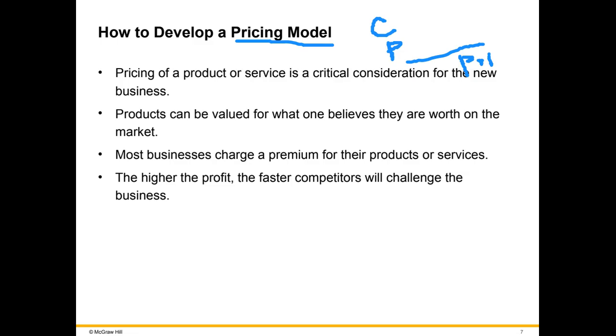So imagine you are making one pencil for say 1.2 real, and then the profit margin you are going to take on this is 0.8. Then you'll set the price to be 2 real per pencil.